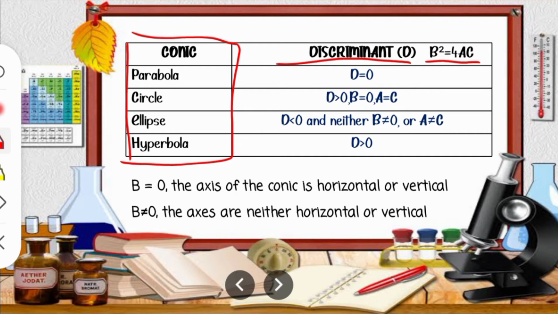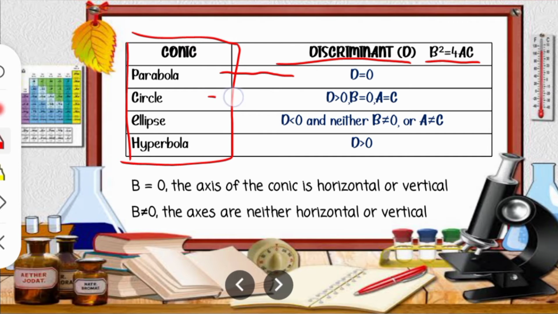If we want to find the discriminant of the parabola, we can determine it by this discriminant. So the parabola has the discriminant of D is equal to 0.